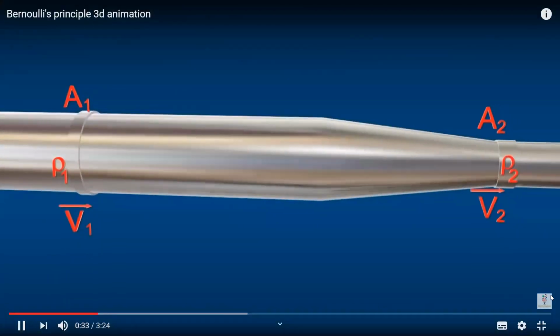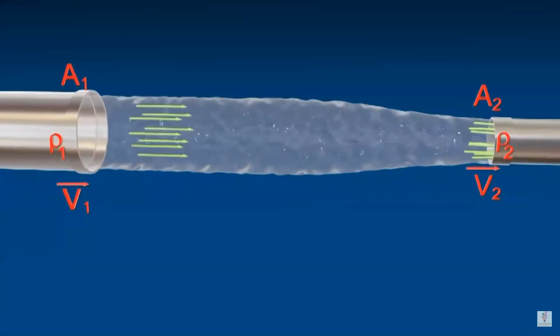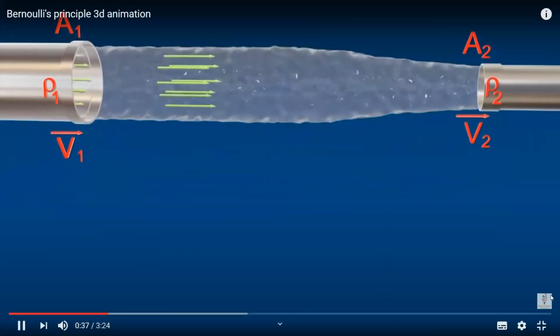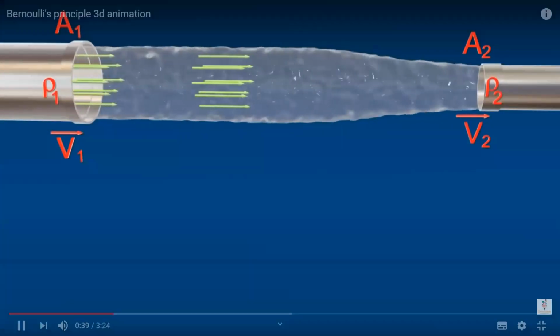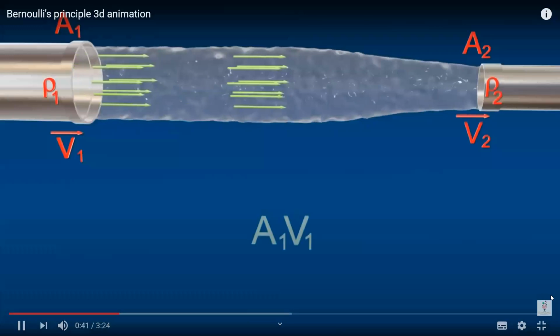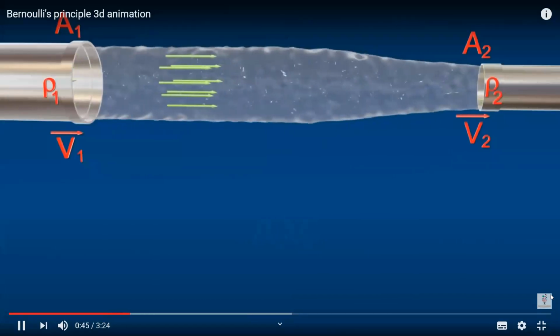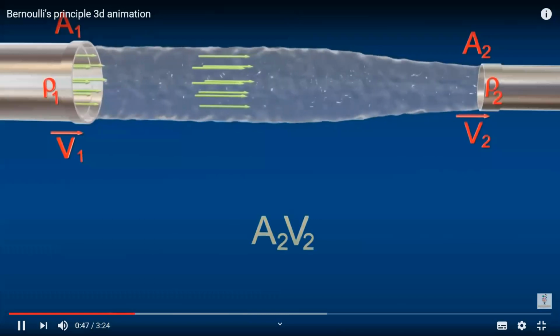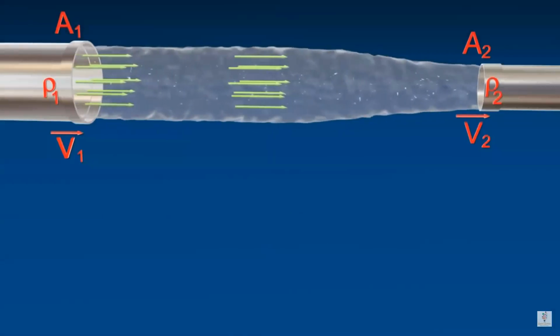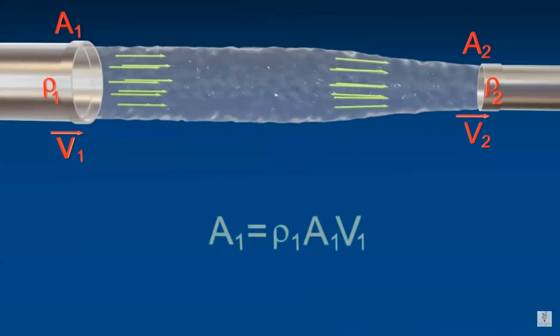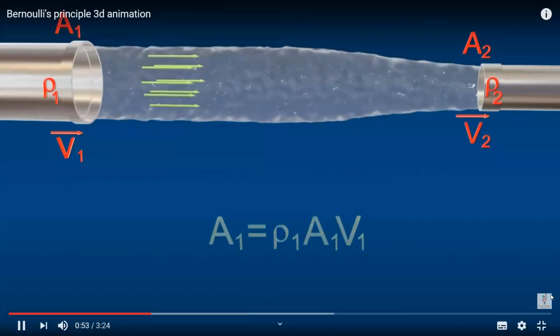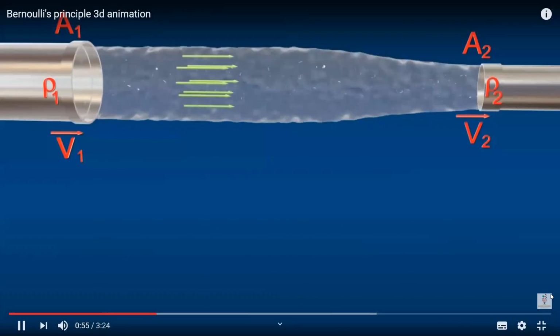Consider a fluid moving through a tube of cross-sectional areas A1 and A2 respectively. The volume of water entering A1 per second and the volume of water leaving A2 per second. Therefore, the mass of liquid entering per second at A1 and the mass of liquid leaving per second at A2.